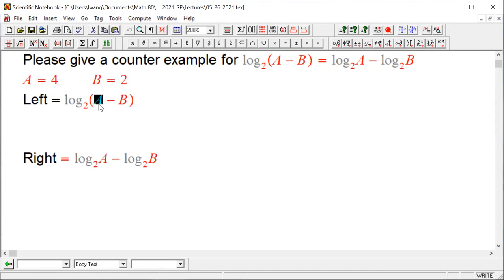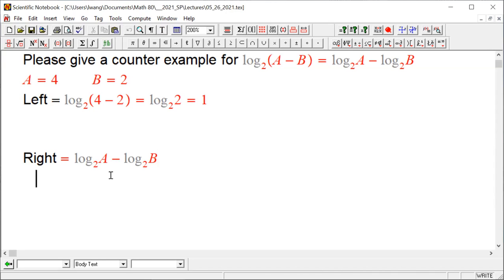So A is 4, B is 2, and what does that equal? That's log base 2 of 2, since 4 minus 2 is 2, which equals 1.